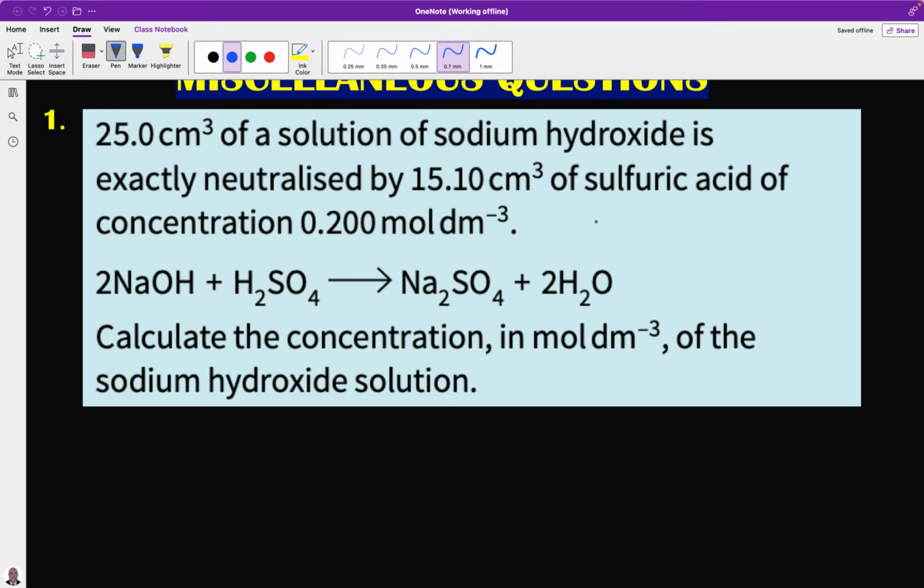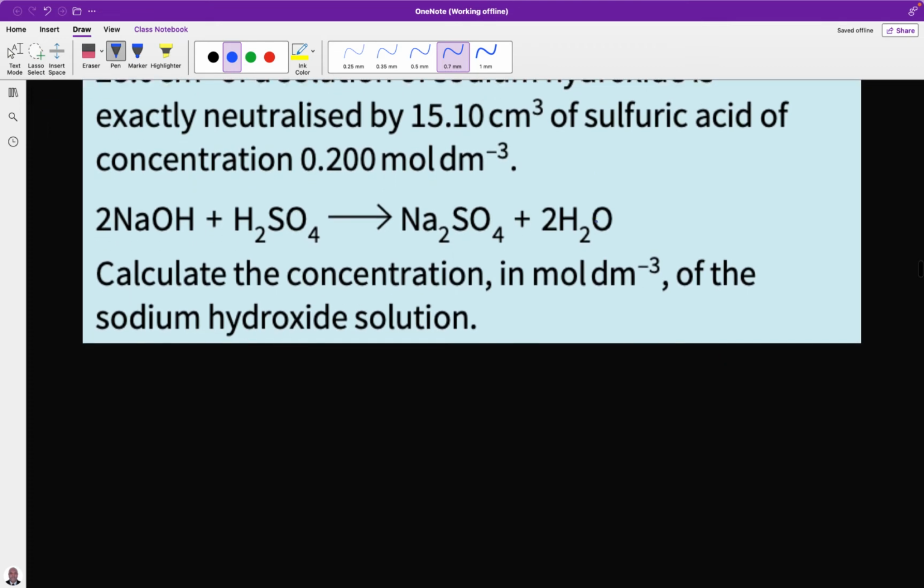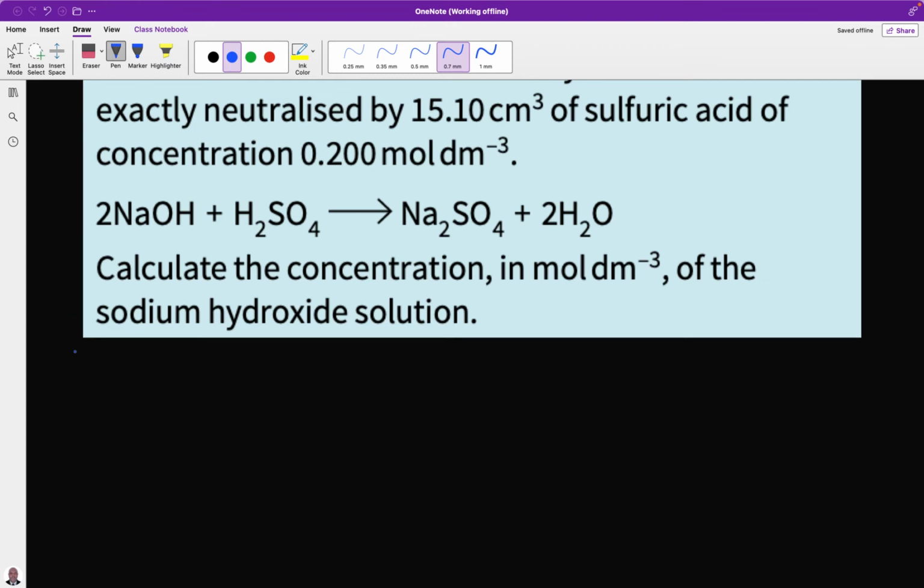The relationship between concentration and volume is that concentration equals moles all over volume in dm cube.